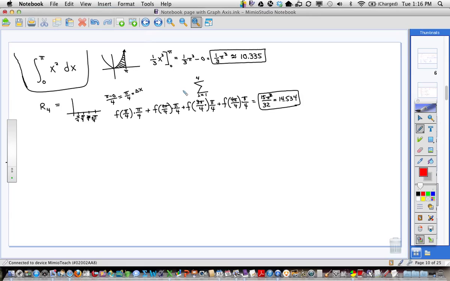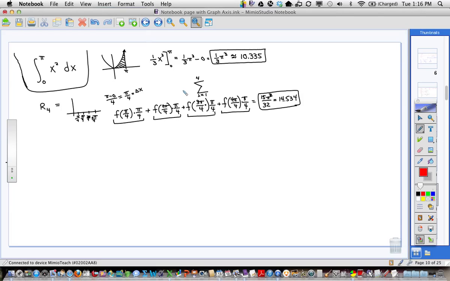Now, what's going to go inside of here? How do we generate each of these terms, and where's the i at? The i is a 1, then it's a 2, then it's a 3, then it's a 4.